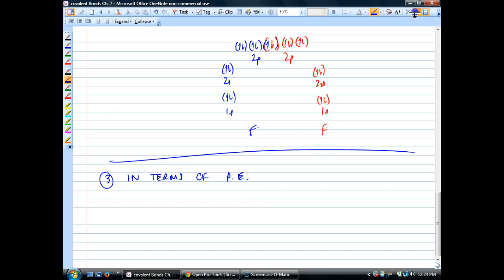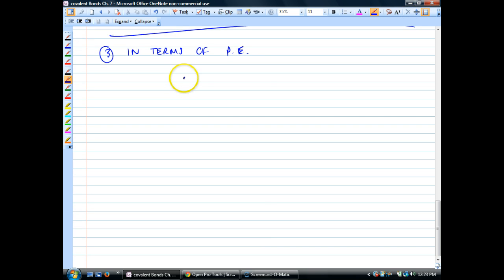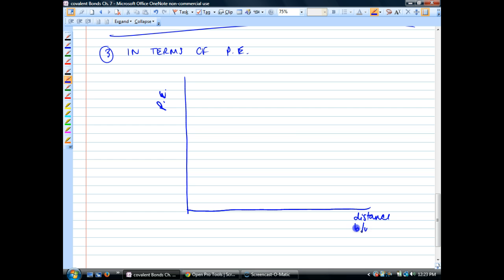Now if we draw a graph of potential energy on the y-axis, and then over here we're going to put distance between the nuclei. If we have 2 hydrogen atoms, out here the 2 hydrogen atoms are widely separated.